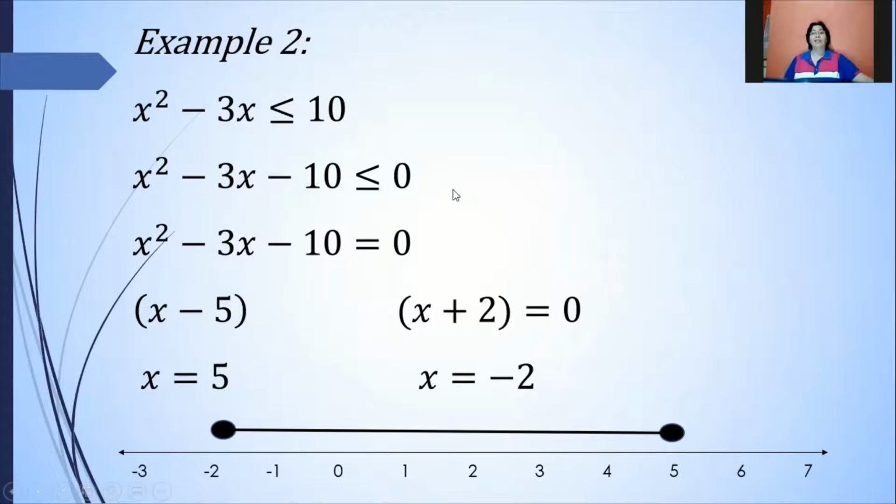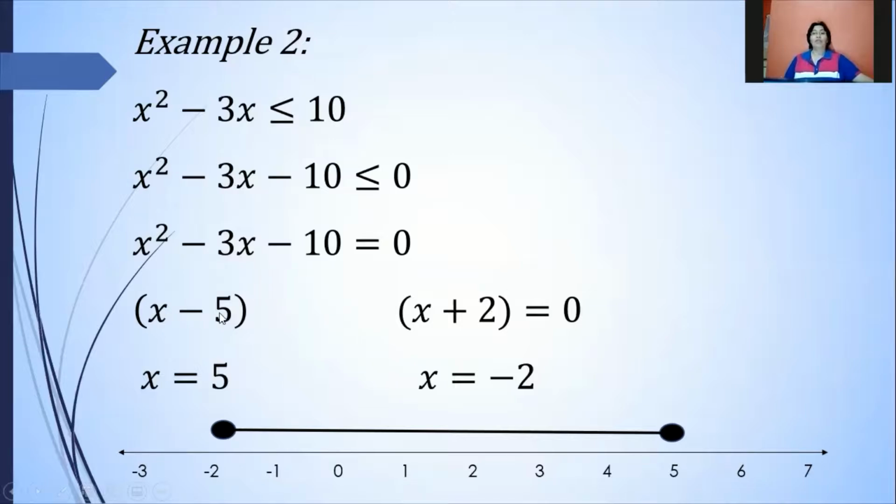Then transform into a quadratic equation, that is x squared minus 3x minus 10 is equal to 0. Then factor. The factor of x squared is x times x. The factor of negative 10 is negative 5 and positive 2.